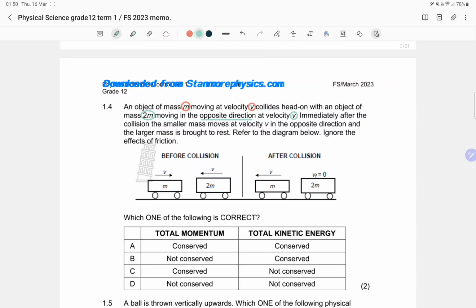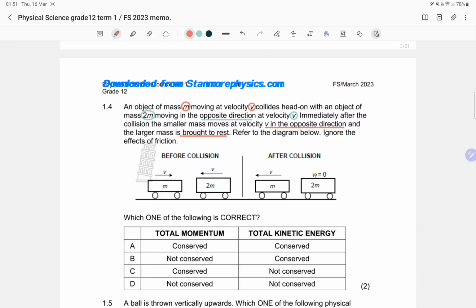Okay, so same velocity, different masses. Immediately after the collision, the smaller mass moves at velocity v in the opposite direction, and the larger mass is brought to rest. Okay, great. Refer to the diagram below. Ignore effects of air friction.